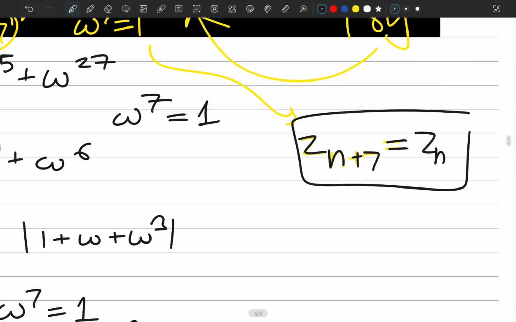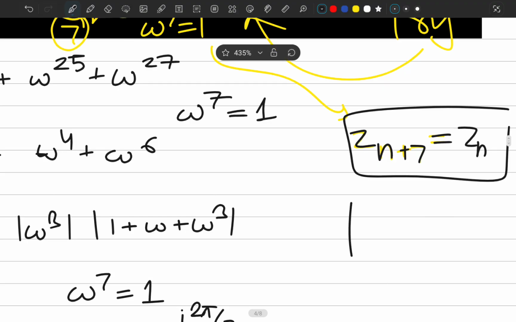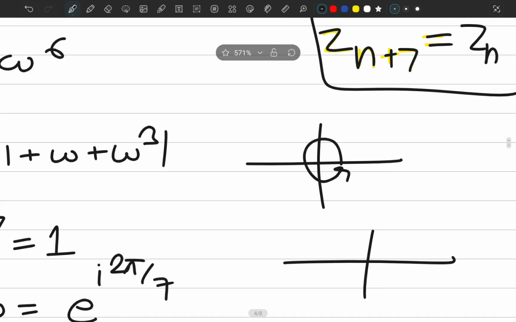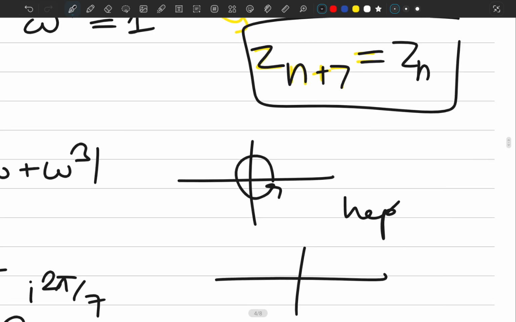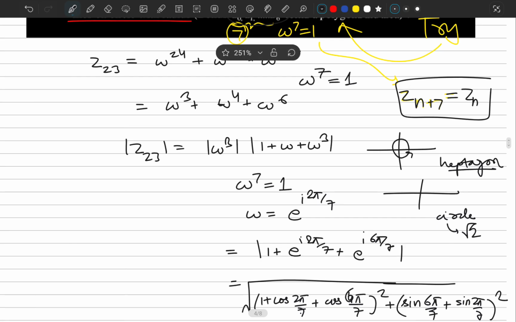So these 7 are symmetrically placed around the 2 pi angle, so they form a regular heptagon, right? They will form a regular heptagon in a circle of radius root 2, you can say, right?